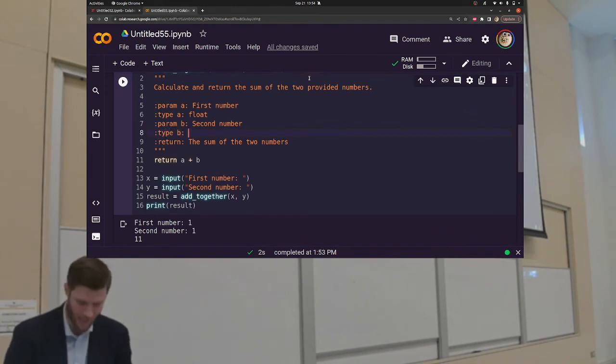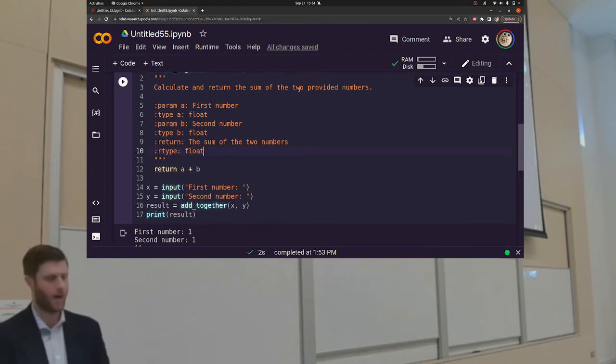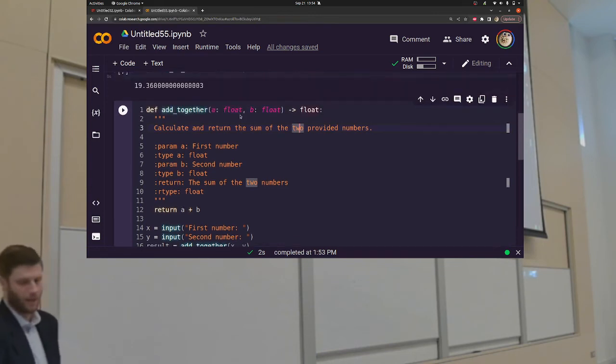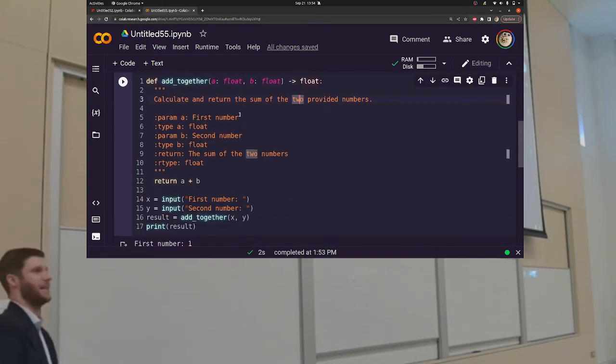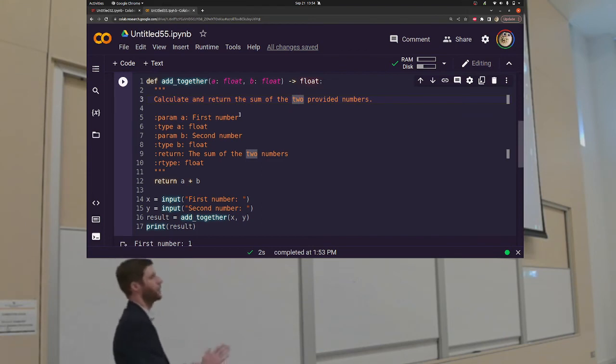Type of B is a float. And lastly, for return type, it's just R type. R type is a float. You're not going to remember these offhand, that's fine. But there, we now just added type hints. And it's a way to indicate to other programmers that this input is supposed to be a float.